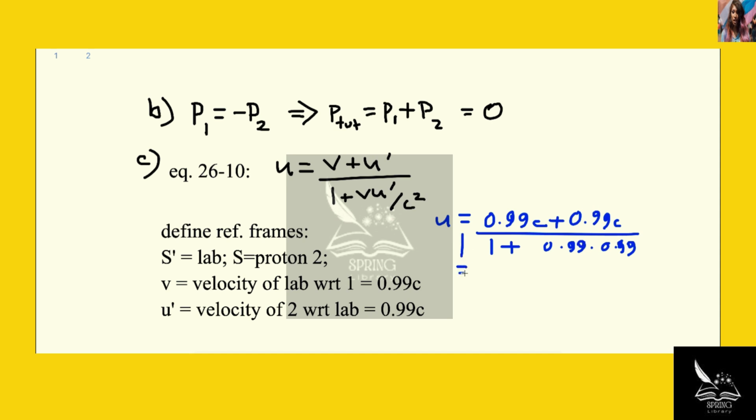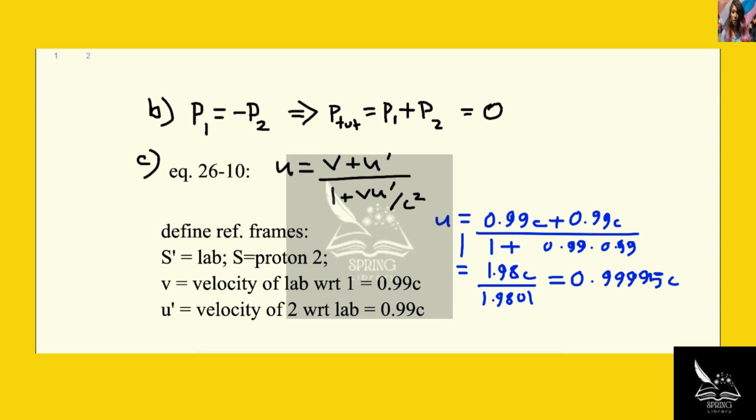And so what you end up with is 1.98 c over 1.9801. And so that's very, very close to the speed of light. It's 0.99995 times the speed of light.